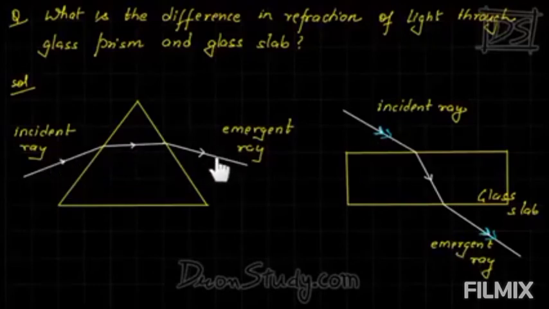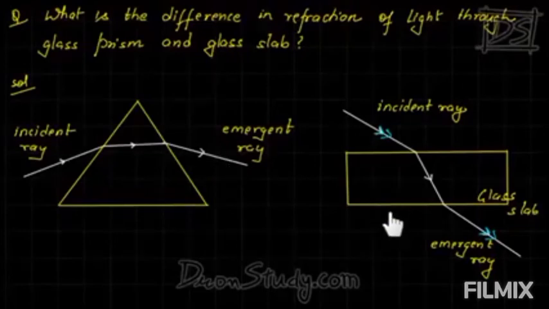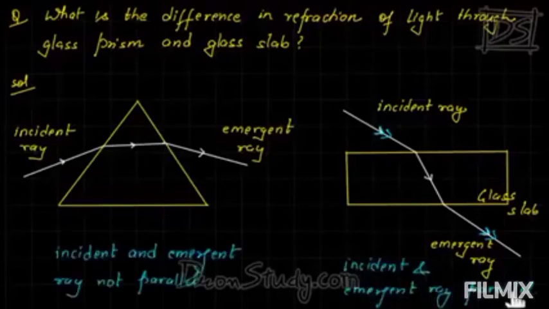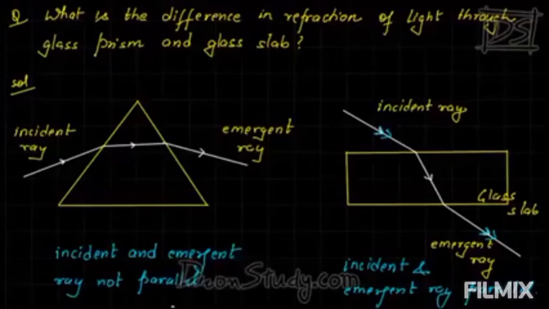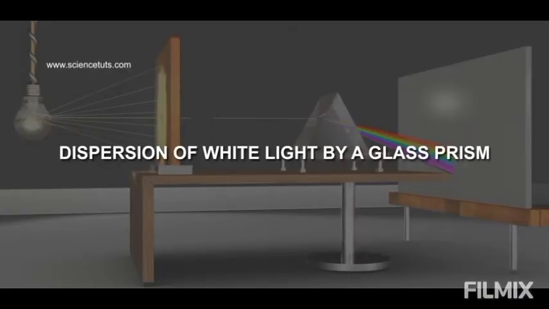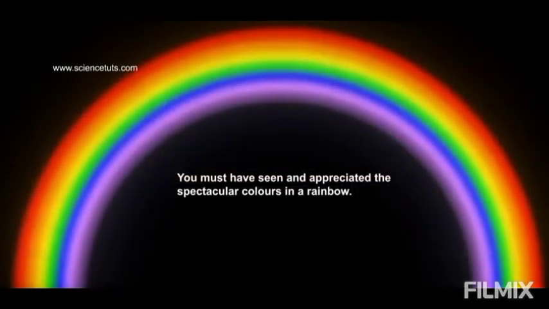Inside the slab you can see the refracted ray, and from that the emergent ray is formed. So we can say that the incident and emergent rays are not parallel in a triangular prism and are parallel in a glass slab. Now we can see about the dispersion of light.